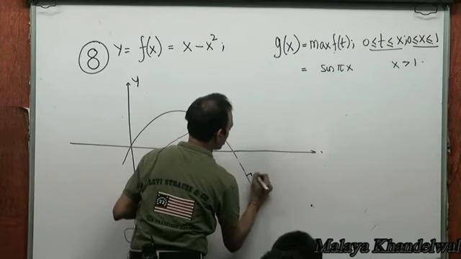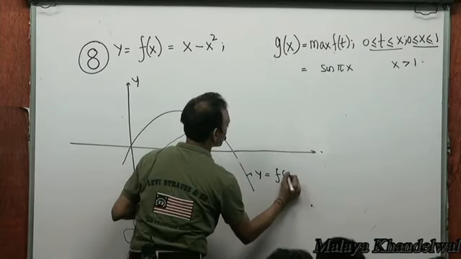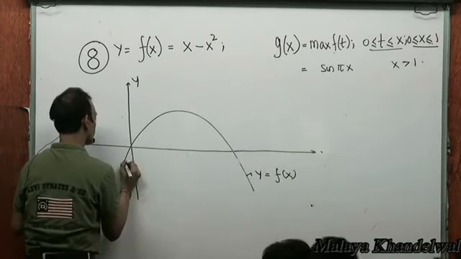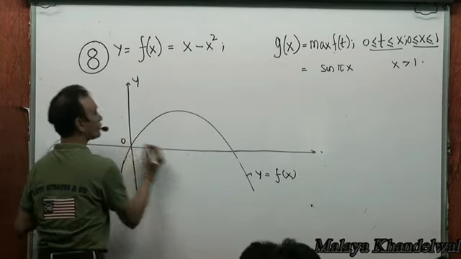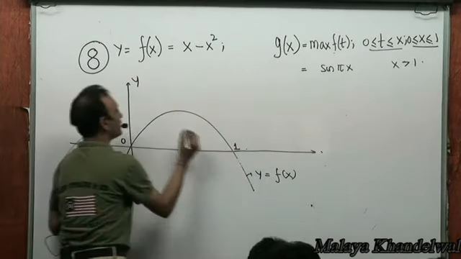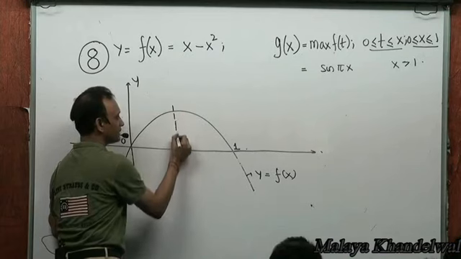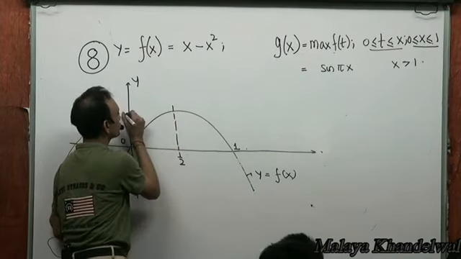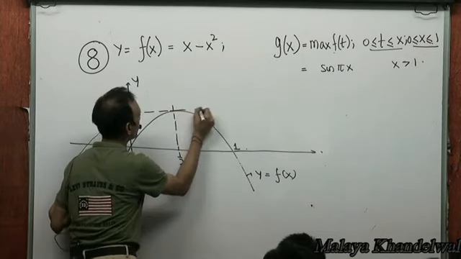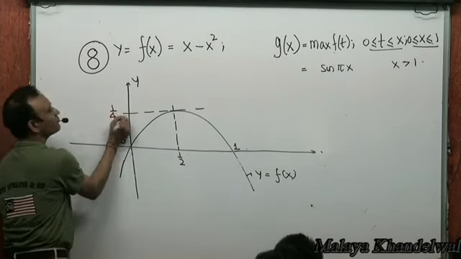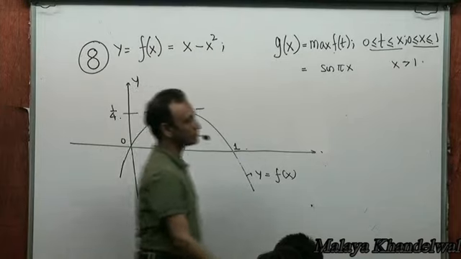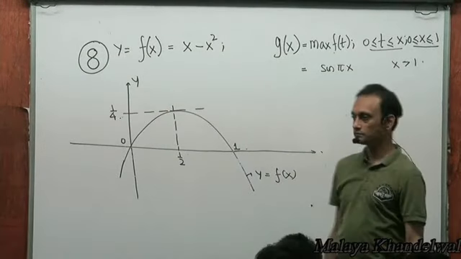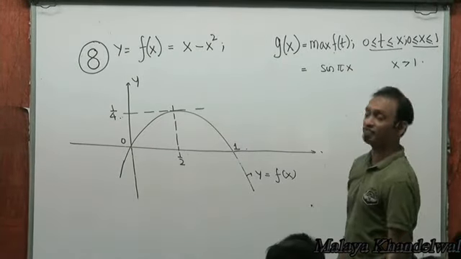This is the graph of y equal to fx. Zero to 1. At x equal to half, it becomes maximum and is equal to half minus 1 by 4, which is 1/4. Right? This is the graph of fx.